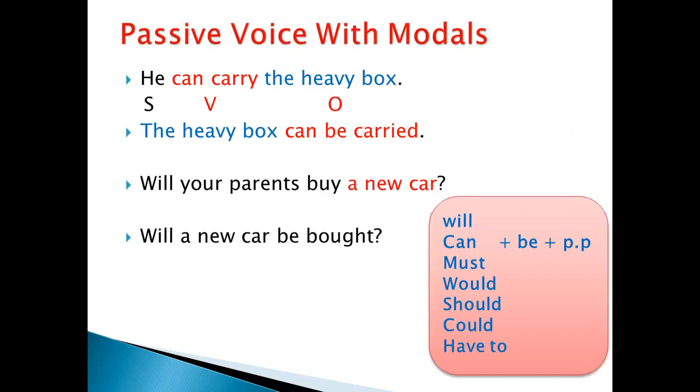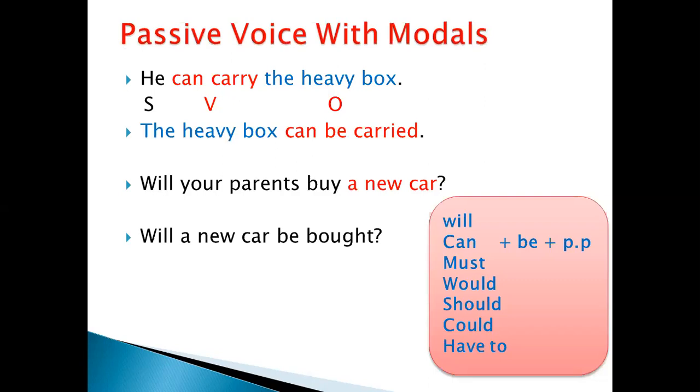Let's move to the models. As we said in our last video, all models should be followed by the base form of a verb. As you see, he can carry the heavy box. He is the subject. Can carry is the verb. Heavy box is the object. Step number one, put the object at the beginning, so it will be the heavy box.